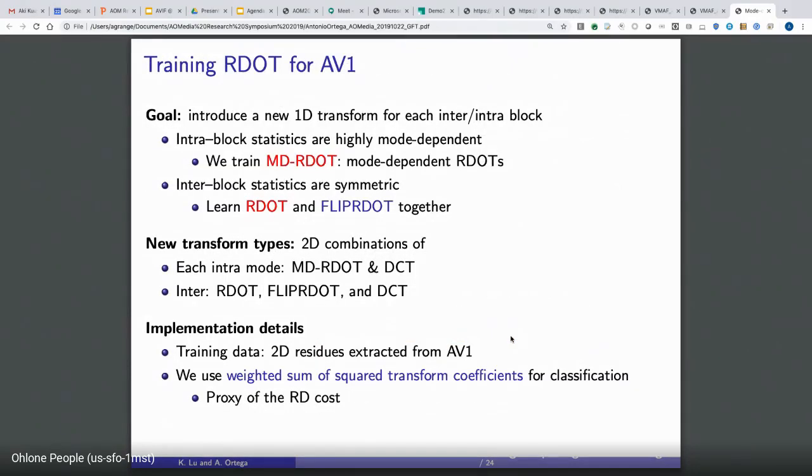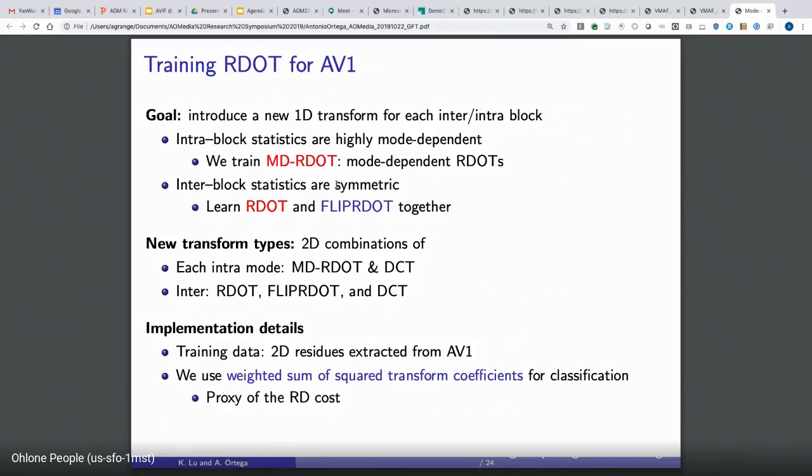So to do this, we're going to do something similar. This part is fairly close to standard techniques. We want to introduce 1D transforms, and these 1D transforms are going to be combined with other 1D transforms. For intra blocks, we use the selected intra mode to decide what the training set is, and we will train one transform per mode.